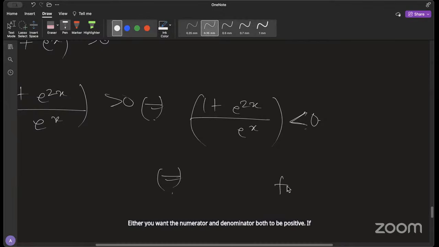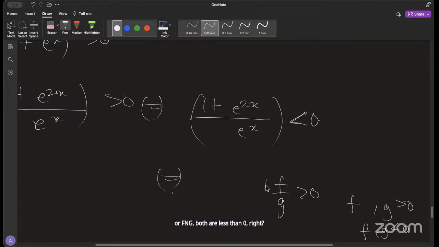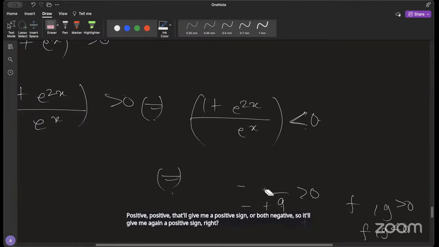If I have f by g and I want f by g to be greater than 0, that means either f and g both are greater than 0 or f and g both are less than 0, right? Positive, positive, that will give me a positive sign, or both negative, so it will give me again a positive sign.